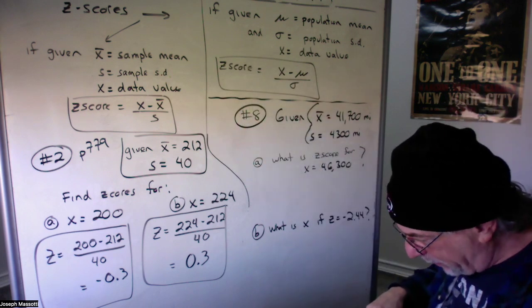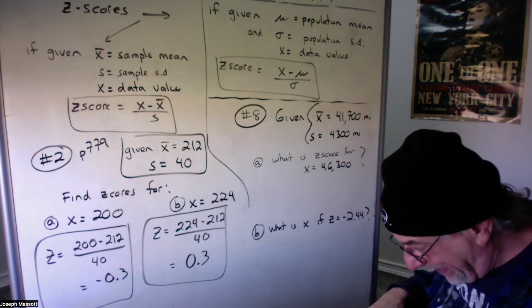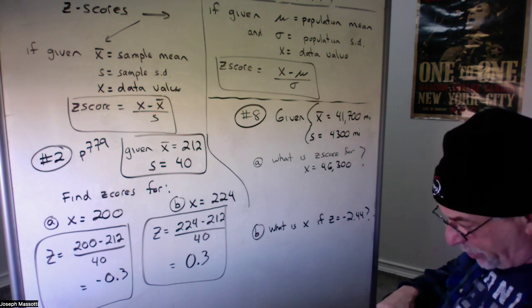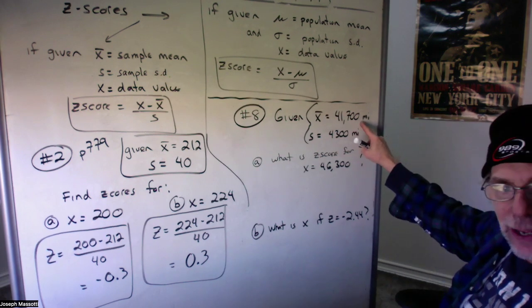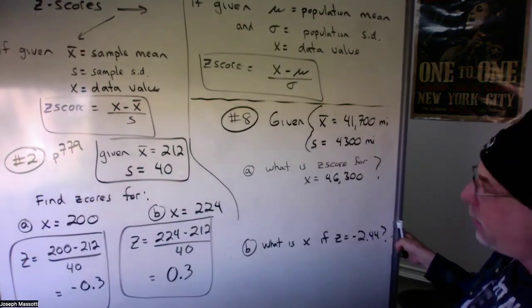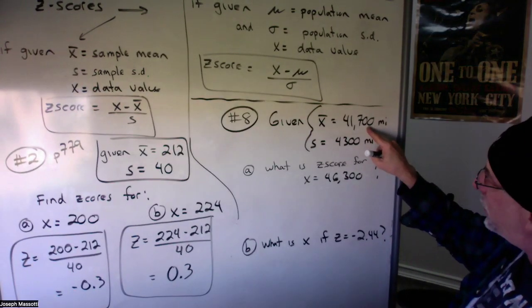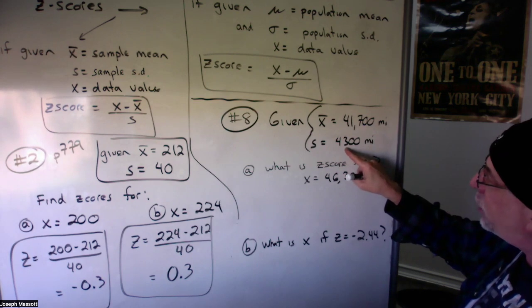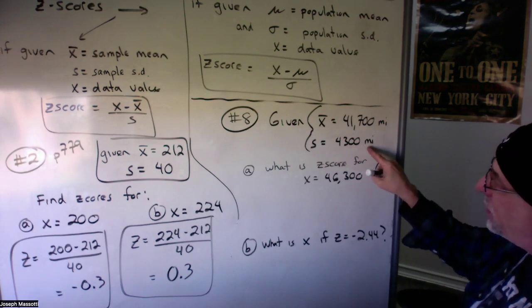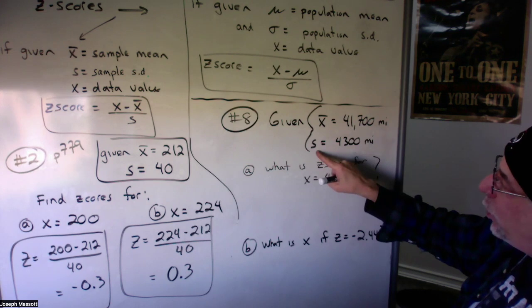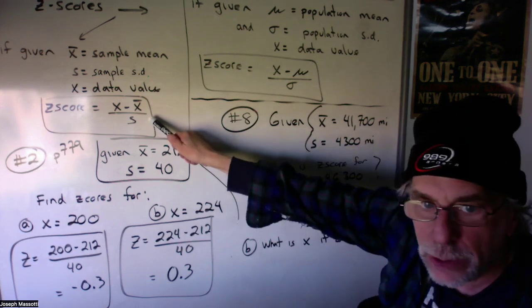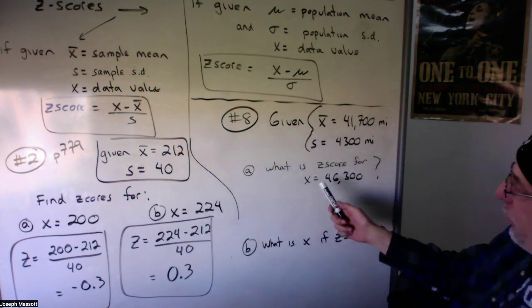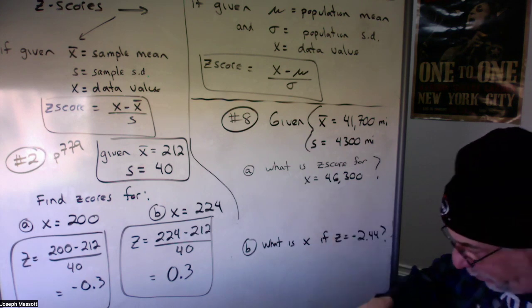But it says a random sample of 80 tires showed that the mean mileage per tire was 41,700 miles. And the standard deviation was 4,300 miles. So we're given a sample mean, we're given a sample standard deviation. So we're going to use this formula. And it says, what is the z-score?